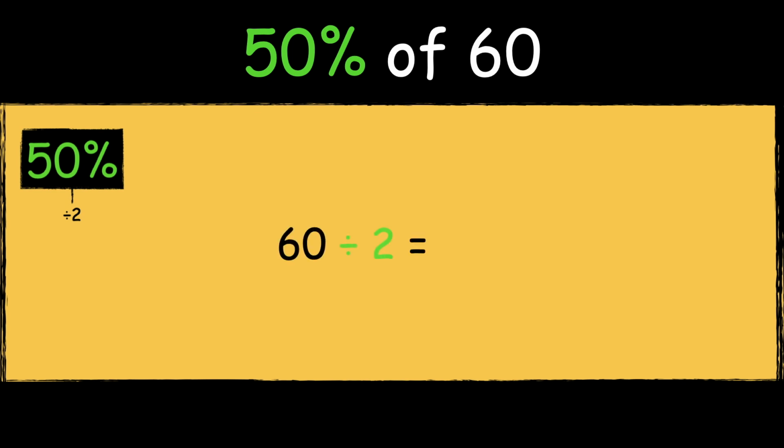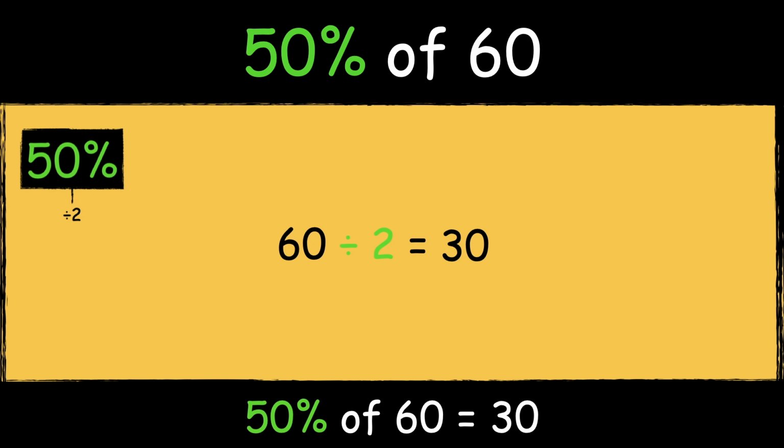Here is the next example, 50% of 60. First, we work out 50% of 60 by halving it. 60 divided by 2 is 30. So 50% of 60 is 30.